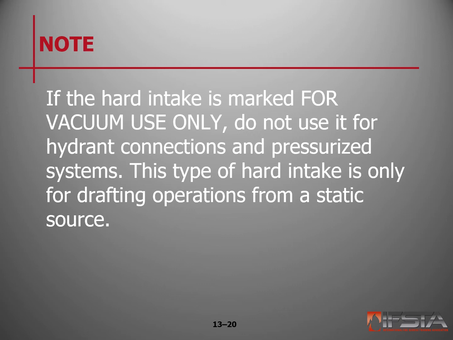I think most of the modern lighter weight hard suction hose is constructed to do both these days. But do pay attention. If it is marked vacuum only, then you cannot and should not hook that up to a fire hydrant. This type of hard intake is only for drafting operations in a static water source, such as a pond, pool, or a portable tank that we set up.